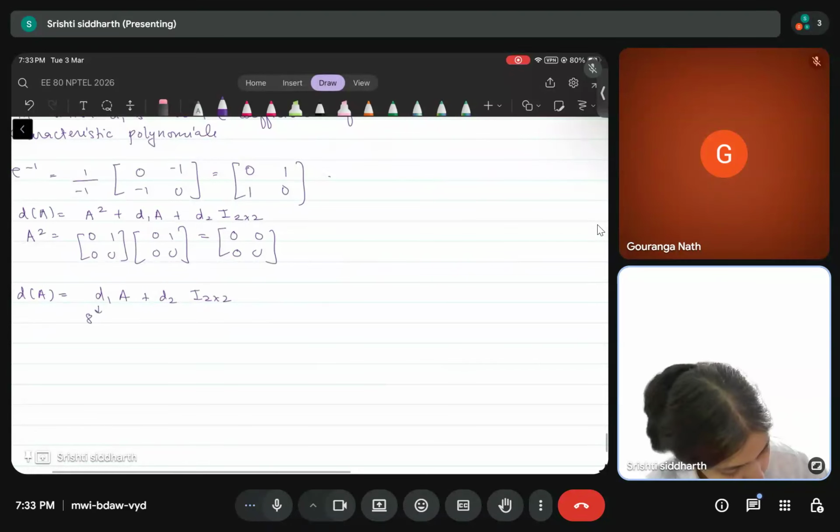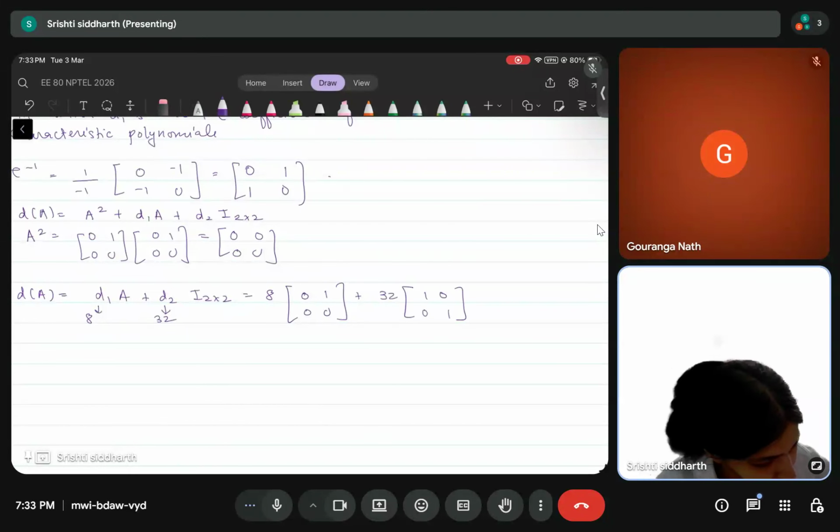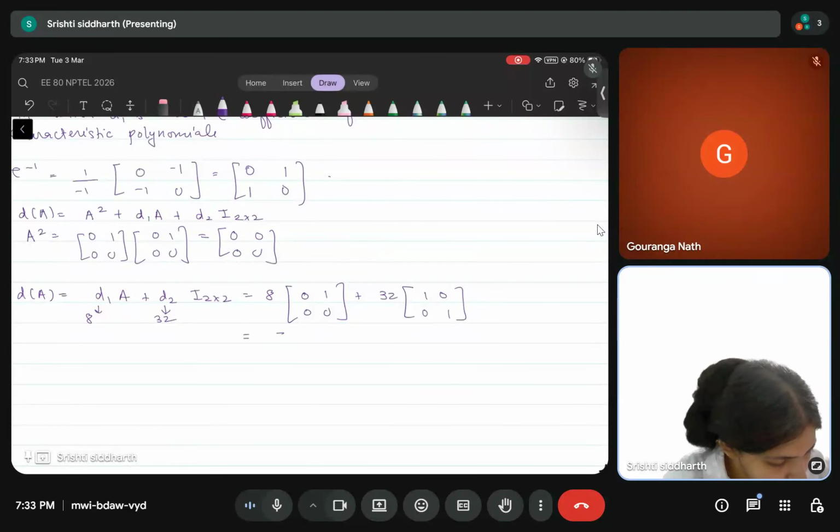So this is 8, this is 32. So we get 8 times 0, 1, 0, 0 plus 32 on the diagonal. This is 32, this is 8, 0, and 32.